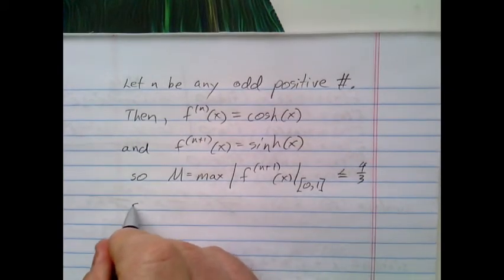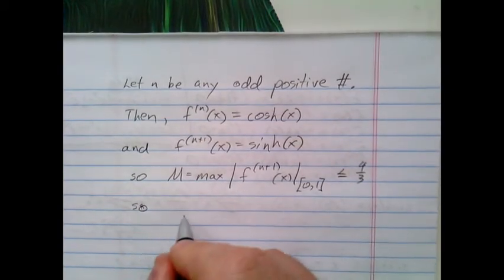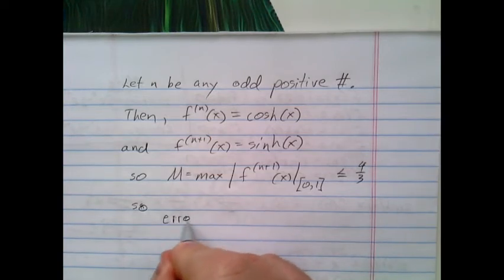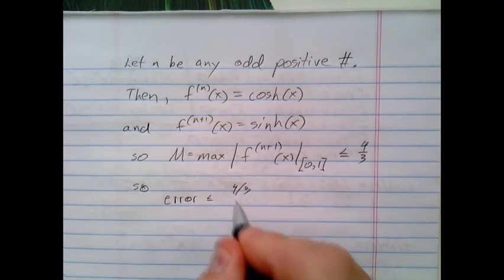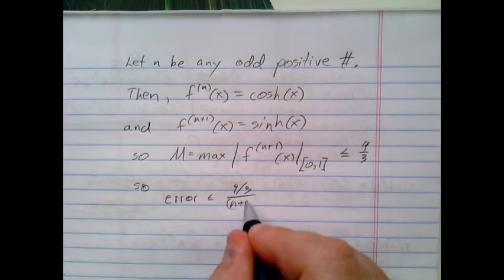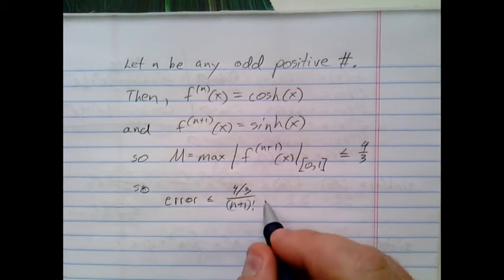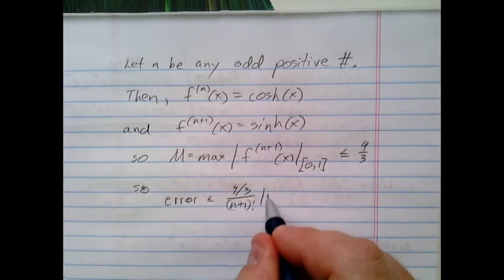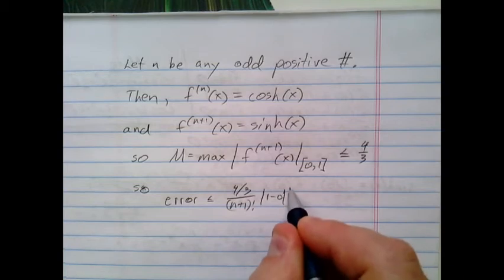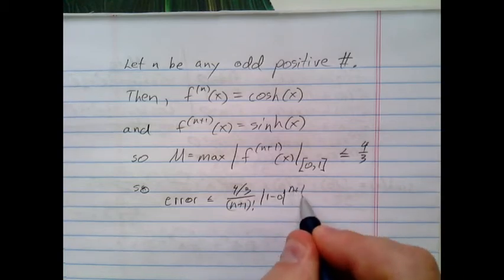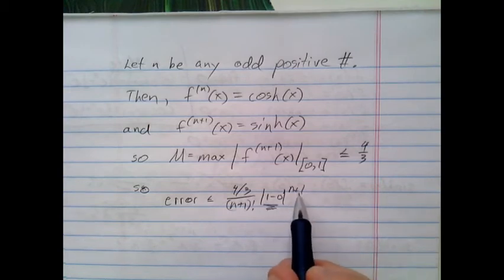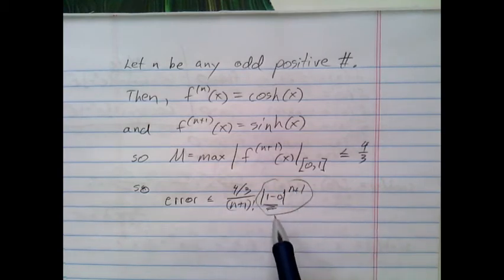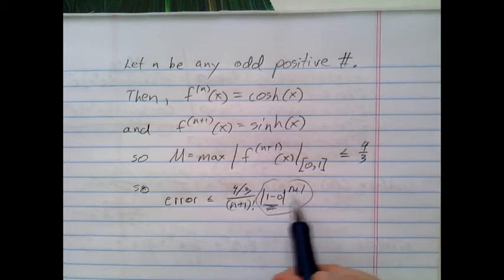So the error has got to be less than 4/3 divided by n plus 1 factorial, times the absolute value of 1 minus 0 to the n plus 1. Now if this number were anything other than 1, I would have to worry about this part, but since that's a 1, this part is always going to be a 1 for this problem.